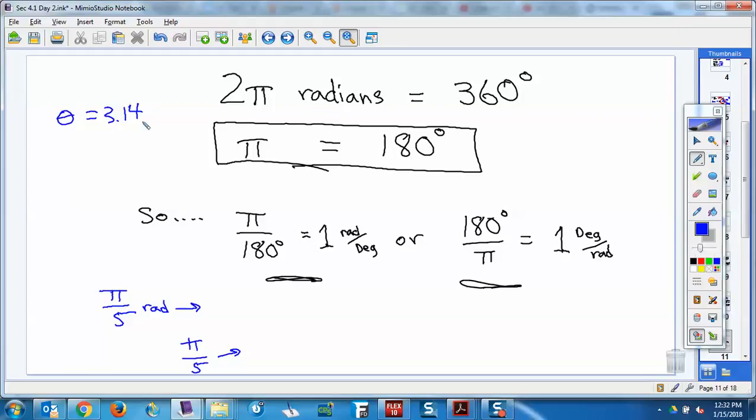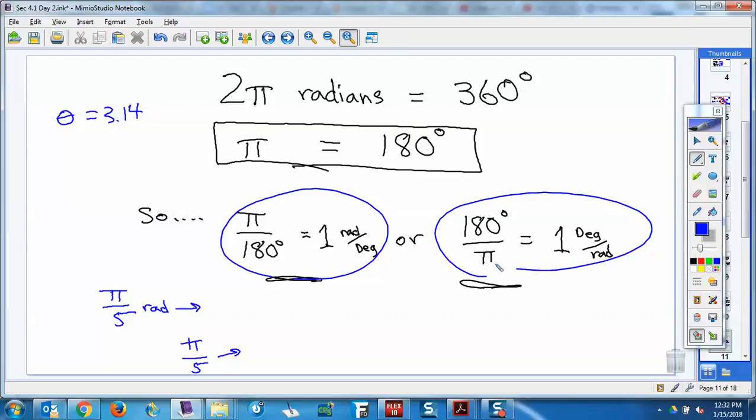All right, so sometimes these are used as conversions. So if you're wanting to convert pi fifths into degrees, which one of these would you multiply by? The second one. Because this is radians, if you want to write that, and then this one would cancel the radians.